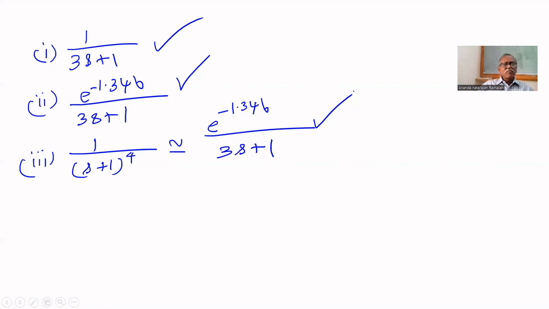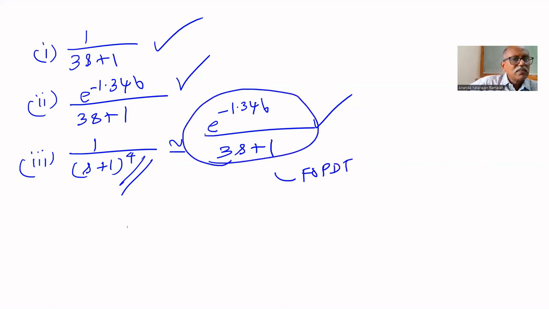The same controller can be used here because this is the actual process. For that, we cannot find the Z transform, so we use the first order plus dead time model, for which we can design the Dahlin's controller. So now let us first apply on this, then we will check for this.